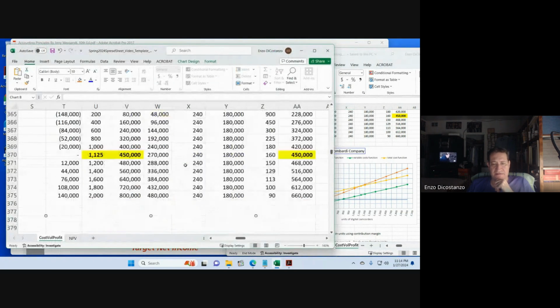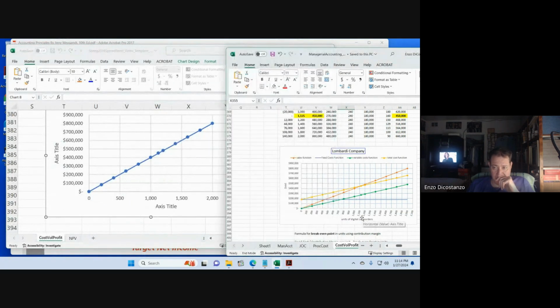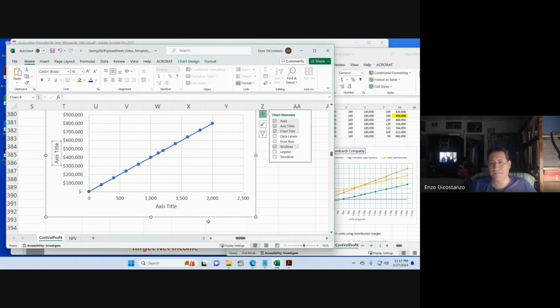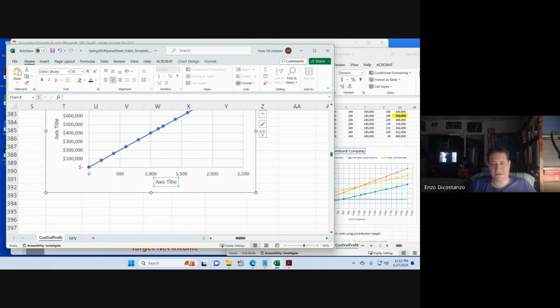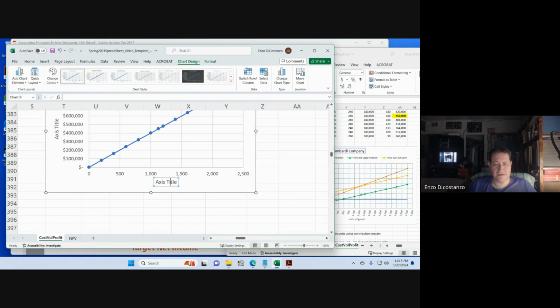So let's say units of goods. Okay, so double click there, units of goods.